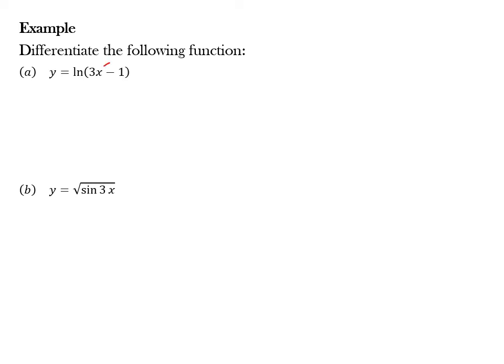The inside function is u. Again, the chain rule is dy over dx equals dy over du times du over dx. So u equals 3x minus 1, and du over dx is equal to 3.